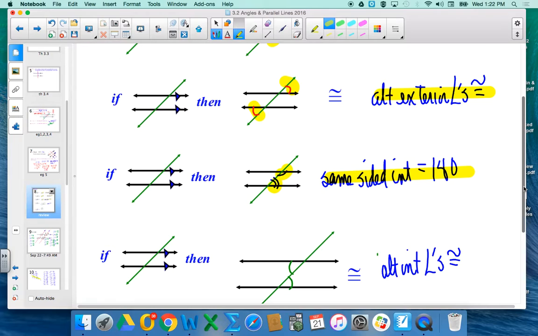Next, if parallel lines are cut by a transversal, then alternate interior angles are congruent.